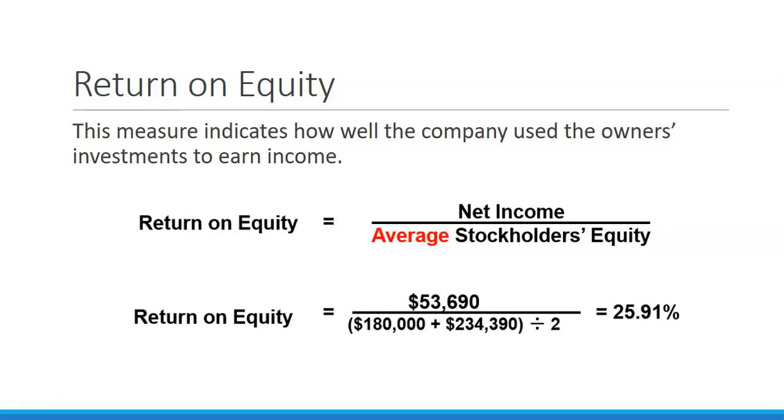Return on equity. This is how well we use the owner's investments to earn income. So we looked at return on assets, which is how well we use our assets to generate income. And this is how well we use equity to generate income. So this is net income divided by average stockholders' equity.